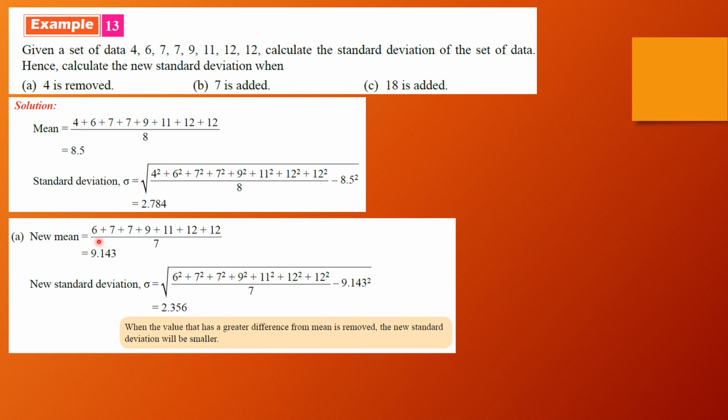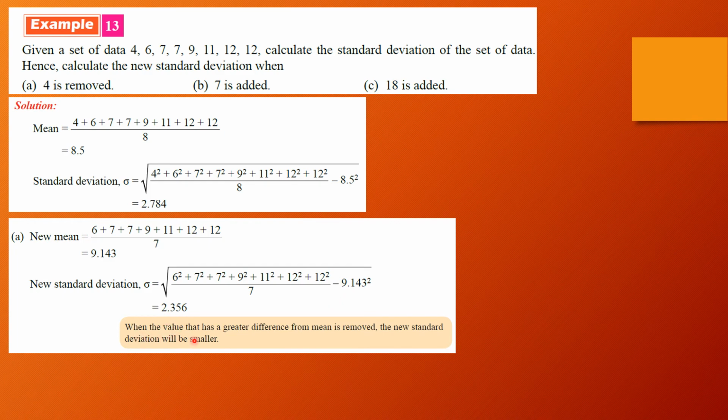Now when 4 is removed, your new mean will become 6 plus 7 plus 7 plus 9 plus 11 plus 12 plus 12 divided by 7, which is 9.143. And for your new standard deviation, use the same formula. You find the sum of squares first, 6 squared plus 7 squared plus 7 squared plus 9 squared plus 11 squared plus 12 squared plus 12 squared, divided by 7 because you already removed one data, 4, minus the mean squared, so you get 2.356.